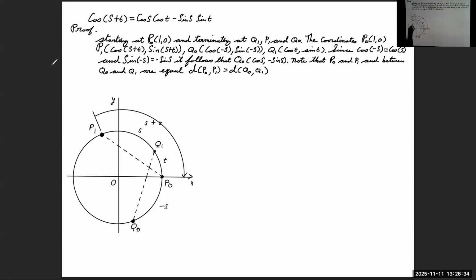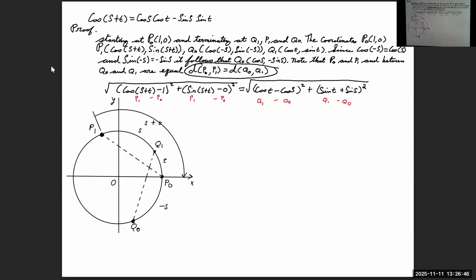Okay, so our next stop is what's going on with that distance. Let's see if I can get the computer to cooperate. Okay, so I set up the distance formula. There it is. Here is our distance formula set up with those values.